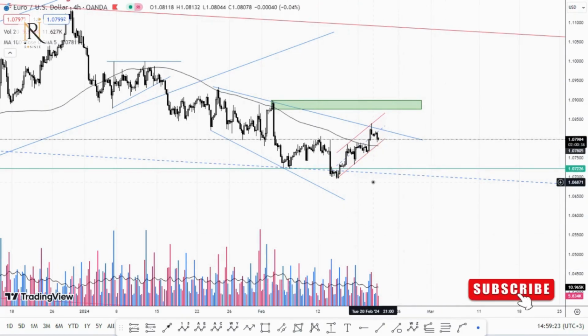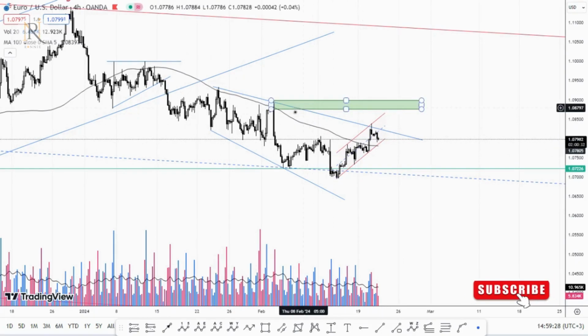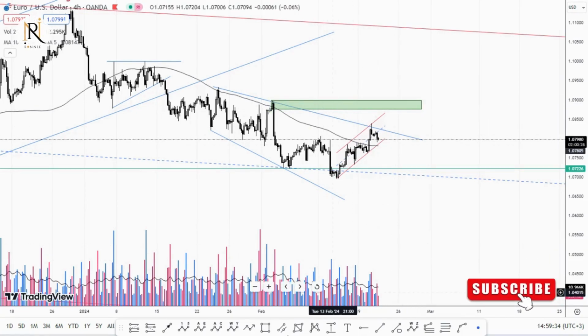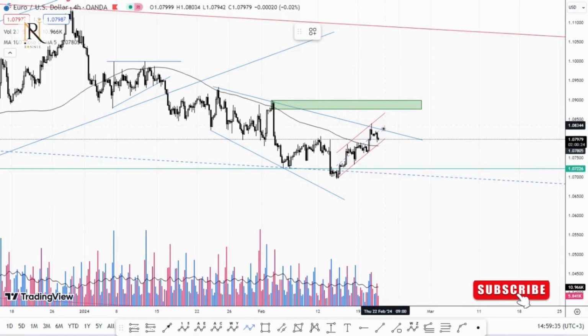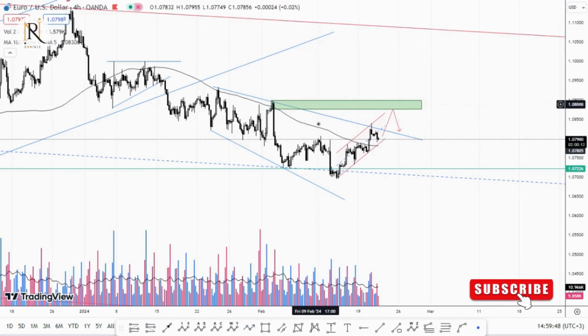Considering the fact that this market is still in a downtrend, the most significant point that this market could touch before reversing is the supply zone. If it gets to the supply zone, that doesn't mean that this market has changed direction.